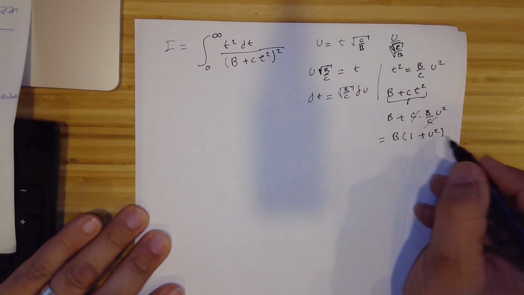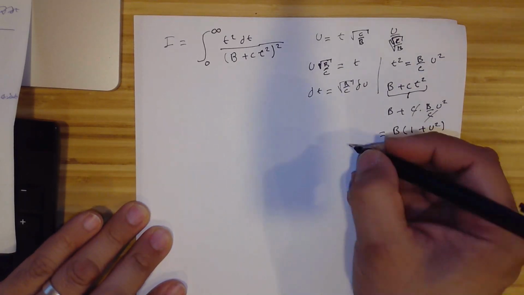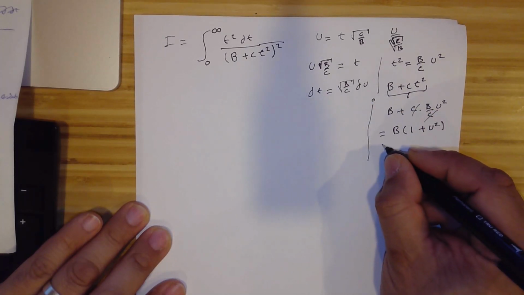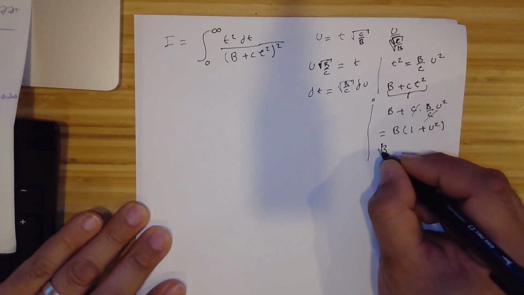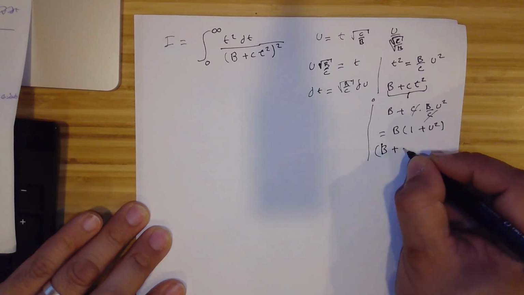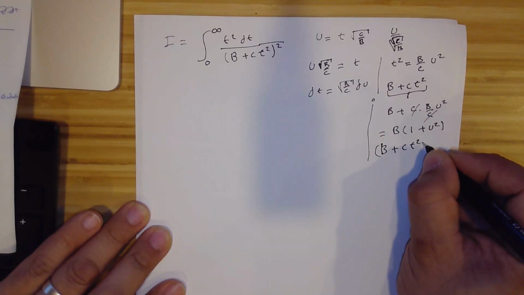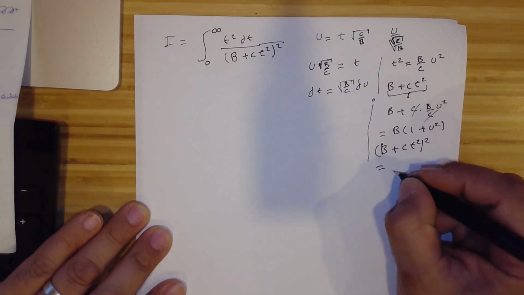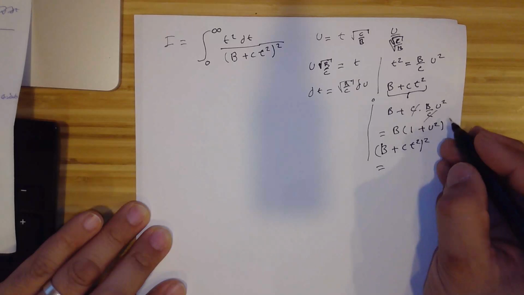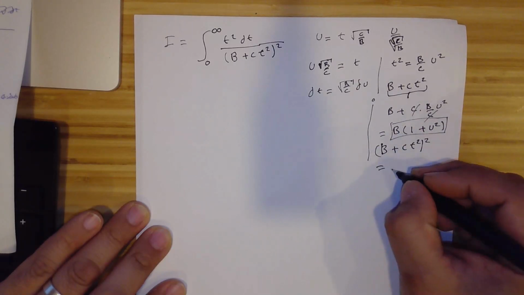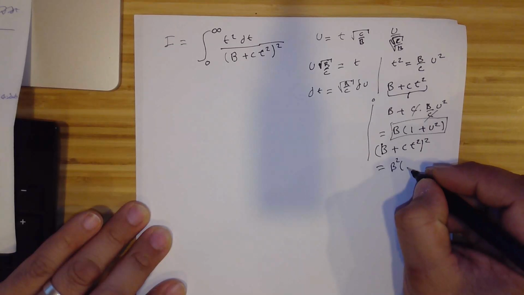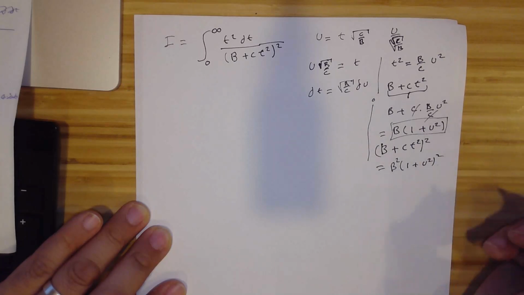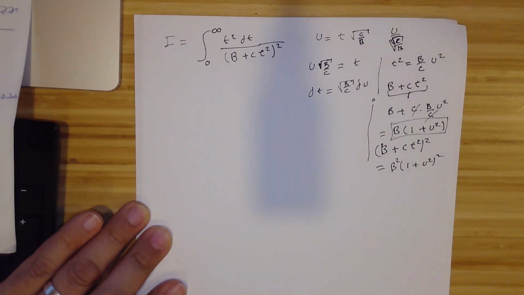And the square of this also, let's say if we want to continue here, let's say we have (b plus c t square) squared. This will be equal to everything that we have in this part squared, right? b square that multiplies 1 plus u square squared, right?